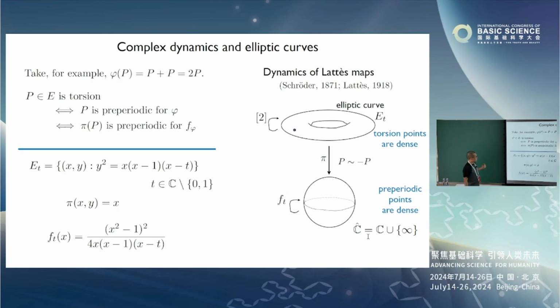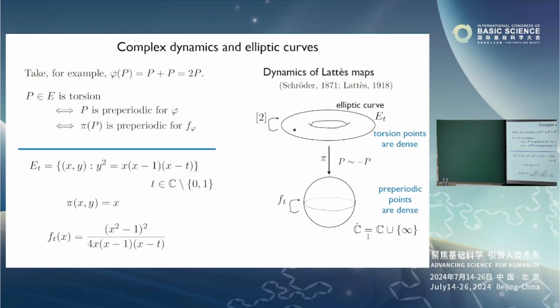Especially when we look at the general family of elliptic curves, if you project from the elliptic curve to the x coordinate, the multiplication by 2 map phi reduces to this Lattès map on P1.